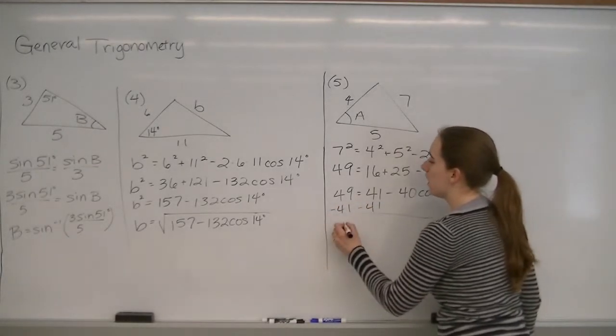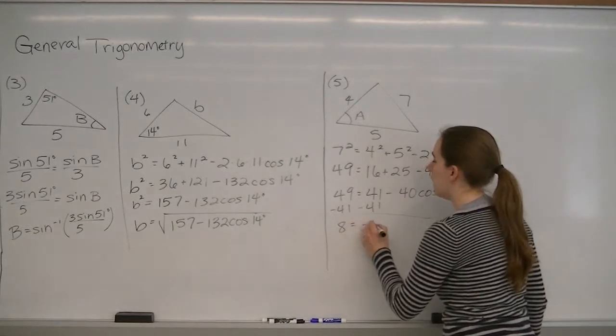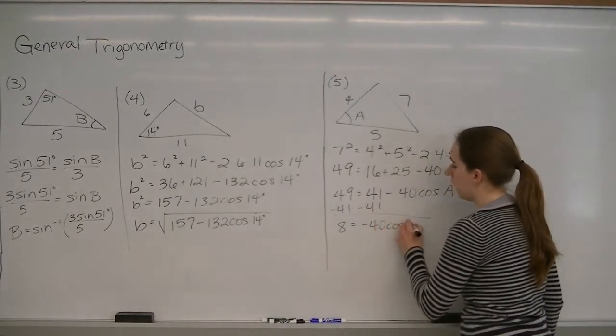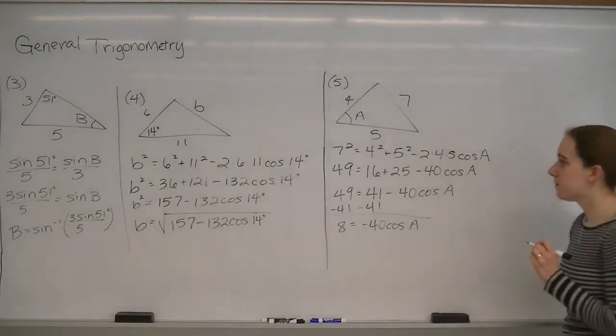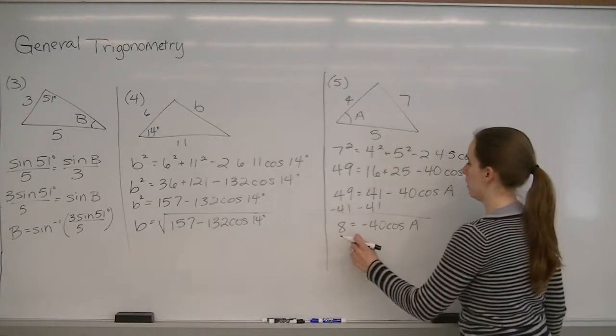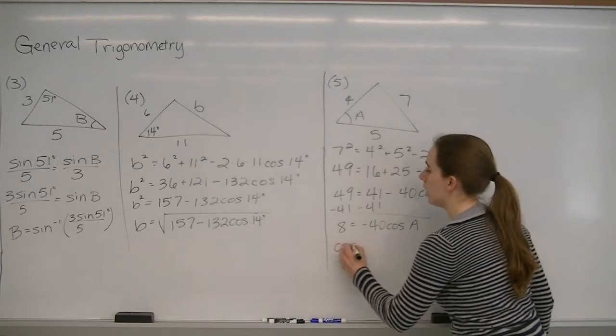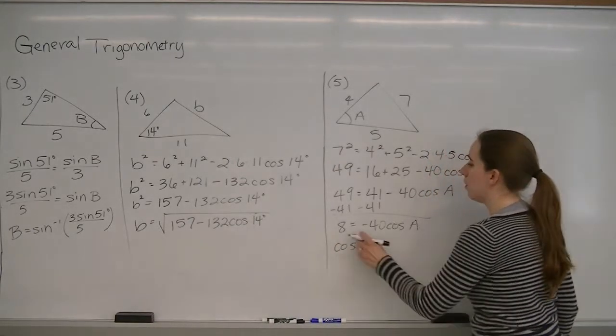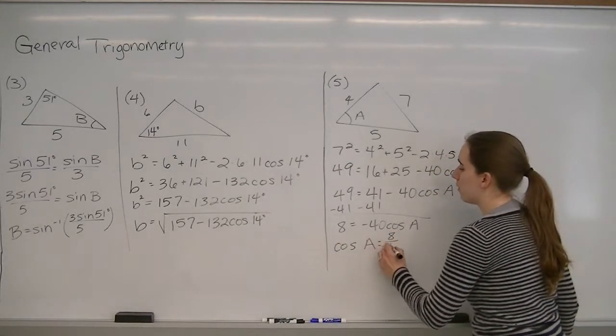So we get 8 is equal to negative 40 cosine of A. Then I'm going to divide by negative 40. So cosine of A is equal to 8 over negative 40.